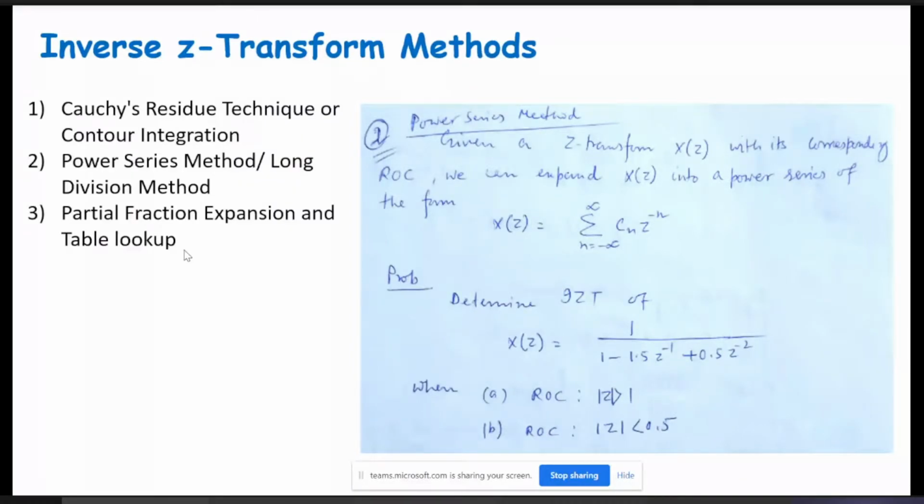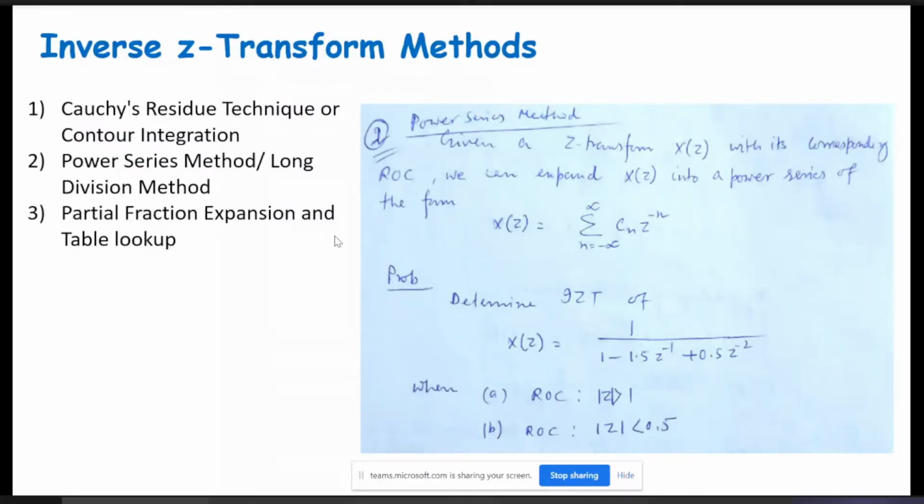I will only discuss the third one, partial fraction expansion. The other two are written in the slides. When you get time, just go through them, because these two are only to solve the inverse transform. But partial fraction is widely used because it is easy to remember. So let me take this example.